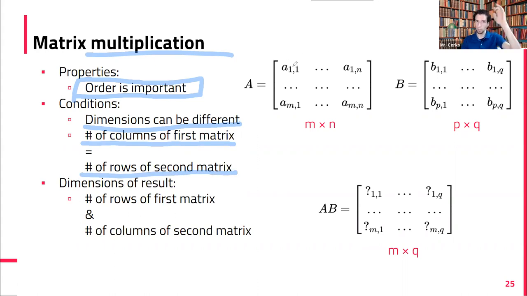If our first matrix is the one on the left, and the second matrix is the one on the top, then we're just drawing those arrows and seeing if we have matches. So they should match up: number of columns of the first matrix and rows of the second matrix. If those are equal, then we can do matrix multiplication. If those are not equal, then we can't do it, and we say it's an undefined operation.